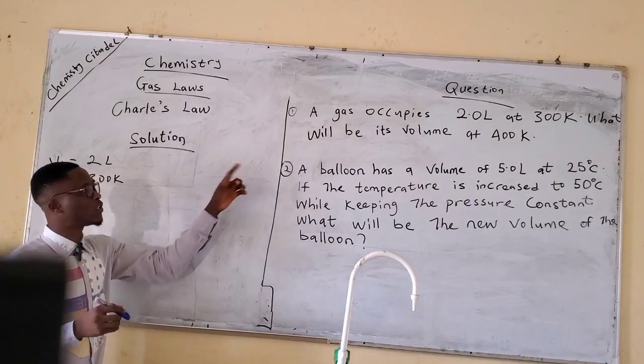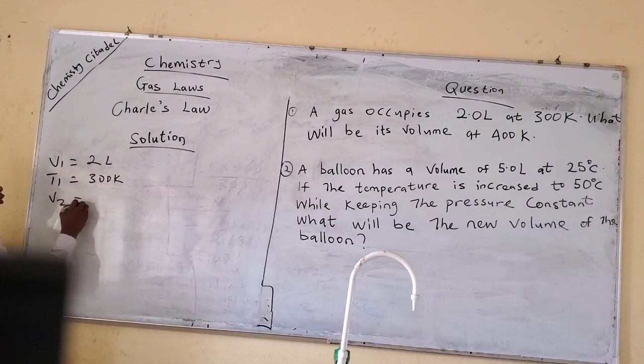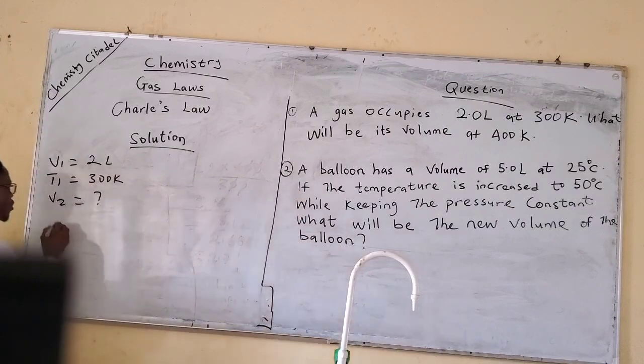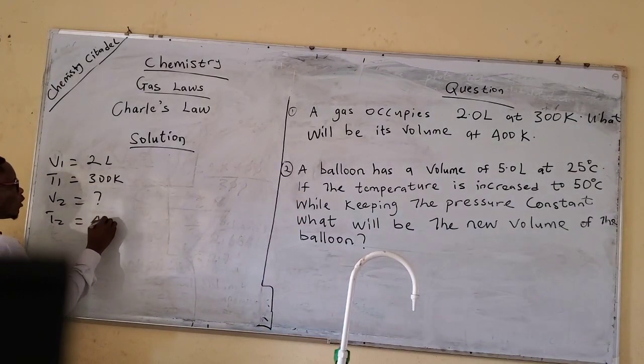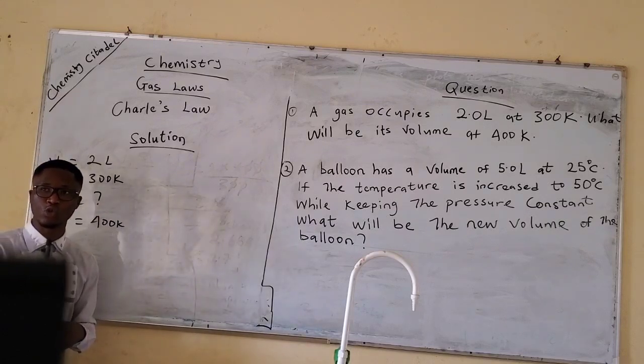What will be its volume? Now the question here is, what will be its volume? So we don't know V2. So V2 will be a question mark. At 400 Kelvin, that is the second temperature, which is T2. Second temperature, 400 Kelvin. Now we all know the formula we are going to use.